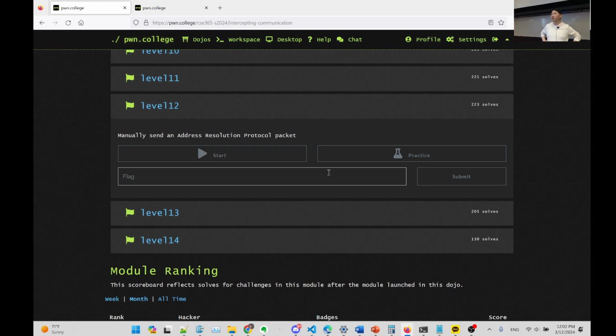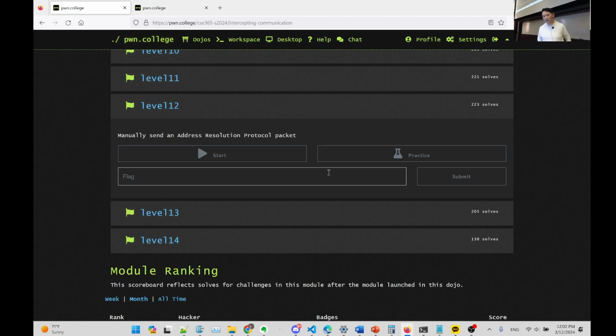In order to communicate with other hosts in the subnetwork, in the local network, you should know the MAC address first. To find that MAC address, we use the ARP protocol, right?